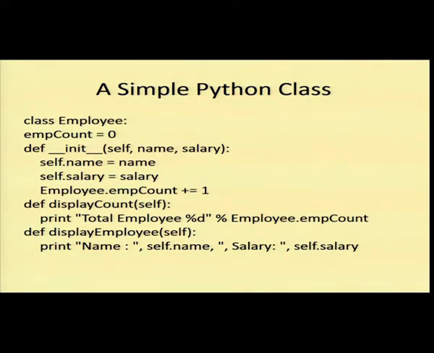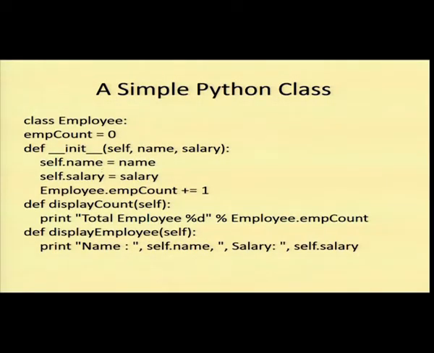I am going to load or store the name of an employee and his salary details. So, here I have given self as a method. So, self dot name equal to name, self dot salary equal to salary. My dear viewers, do not get confused with the age old language like C++.